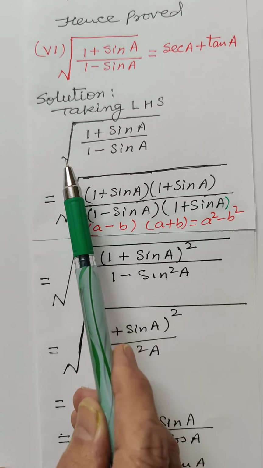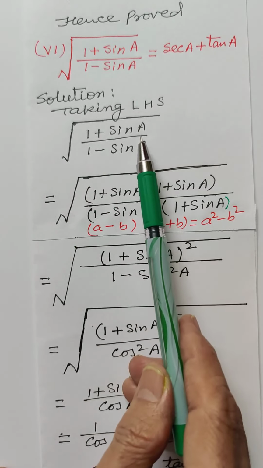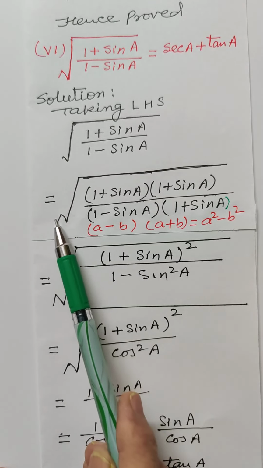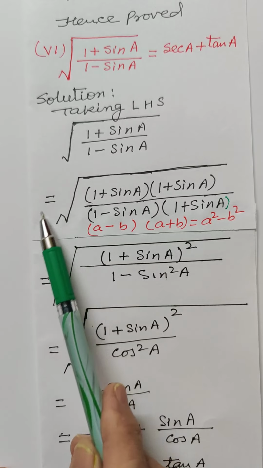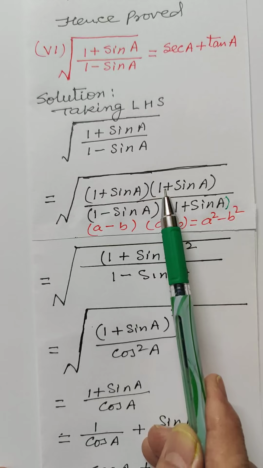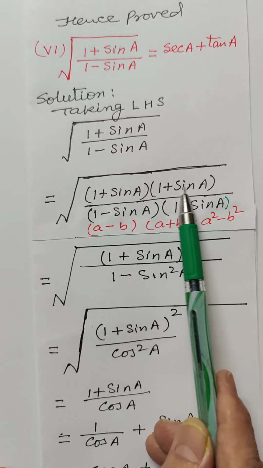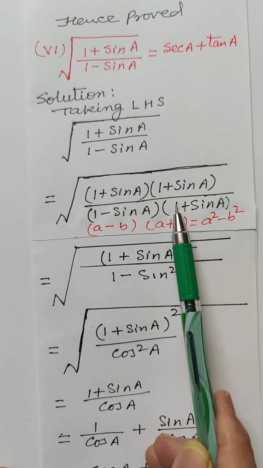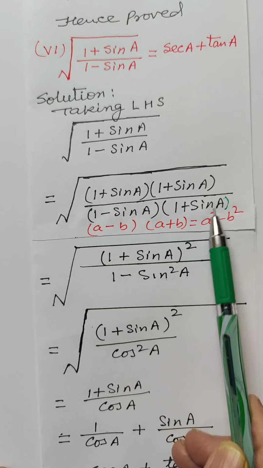In such cases, we always rationalize the denominator to remove this square root. So doing so, it will become 1 plus sin A in the numerator, multiplied with 1 plus sin A. In the denominator, there is 1 minus sin A. It is also multiplied with 1 plus sin A.